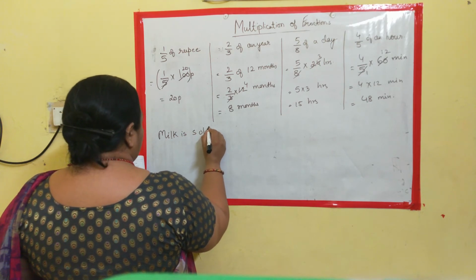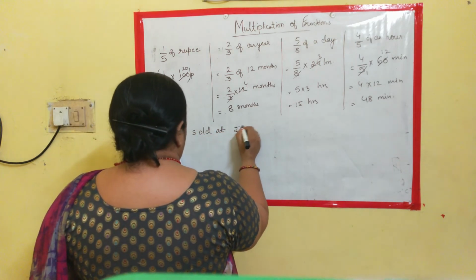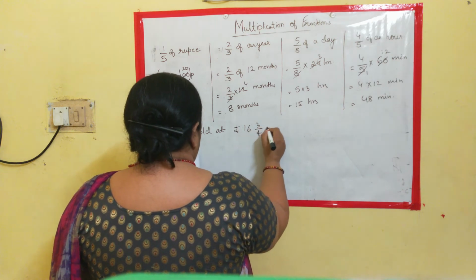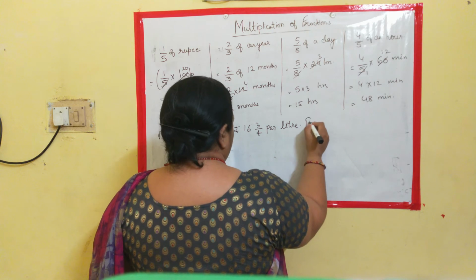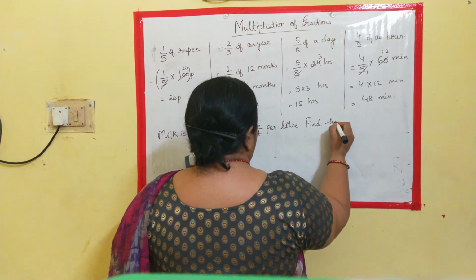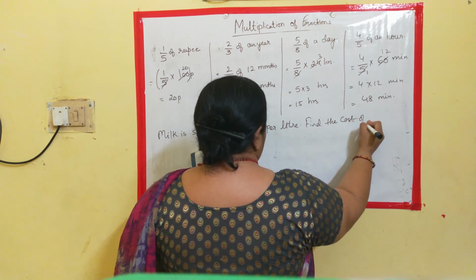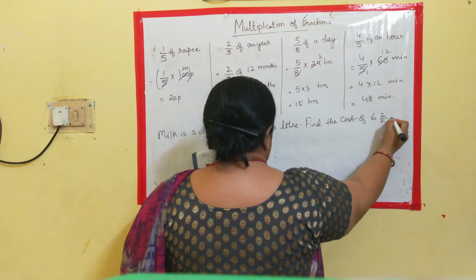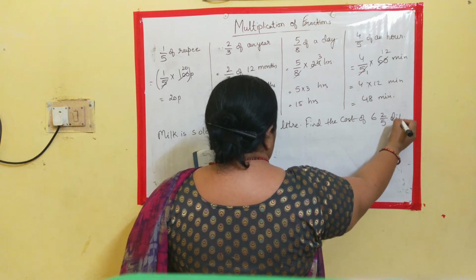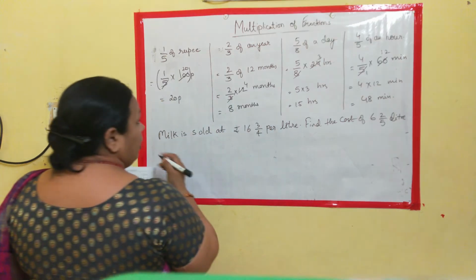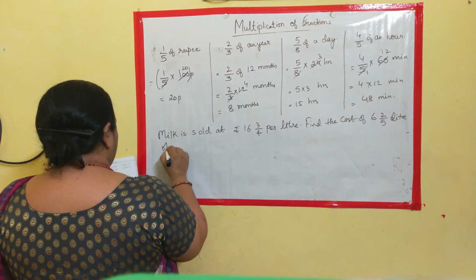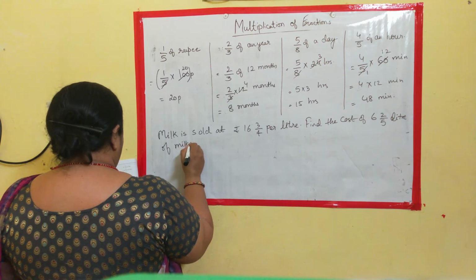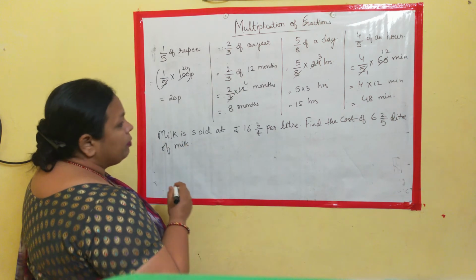Now we will take one word problem where we will be discussing milk. Milk is sold at rupees 16 3 by 4 per liter. Find the cost of 6 2 by 5 liters of milk. So what will be the statement here?